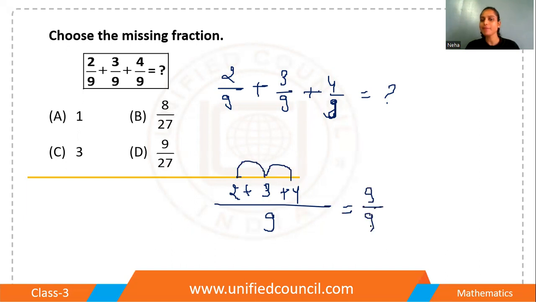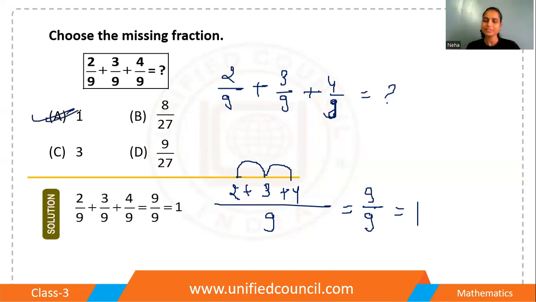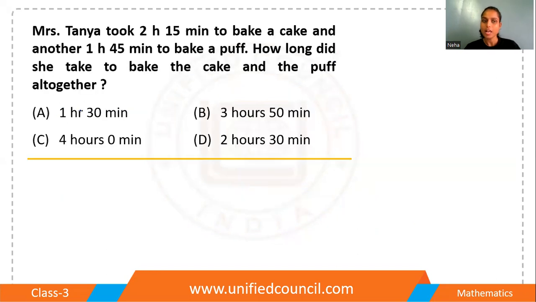So this is 9 by 9. Okay. So 9 divided by 9, this is what? This is 1. The same number divided by the same number is equal to 1. So here we can see option B is the right answer. Yeah. Perfect. Let's move to the next one.